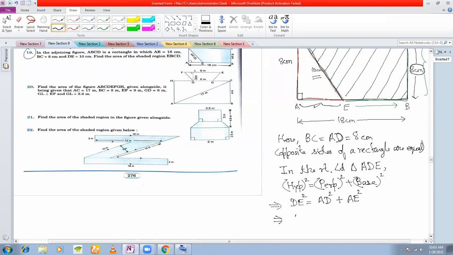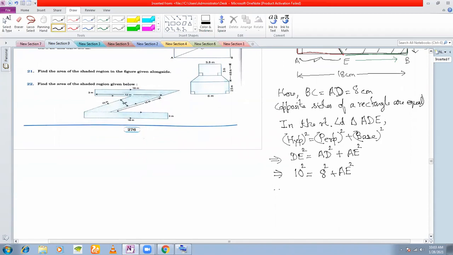DE square is the hypotenuse, the length of which you know as 10. AD square is 8 square plus AE square. So that is 100 is equal to 64 plus AE square. Take 64 on the other side. 100 minus 64 is equal to AE square.